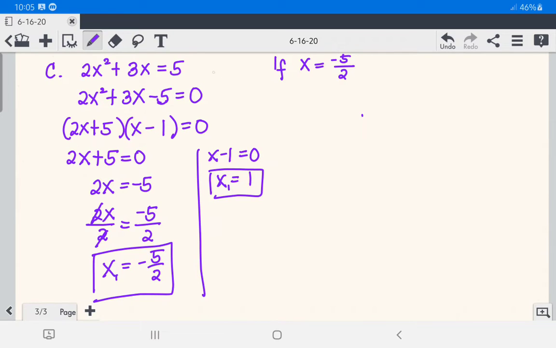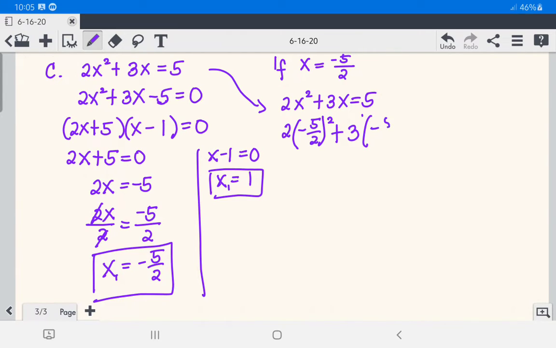Again, using the original equation, 2x squared plus 3x equals 5. So we have 2 times the value of x, negative 5 over 2, squared, plus 3 times negative 5 over 2, then equals 5.